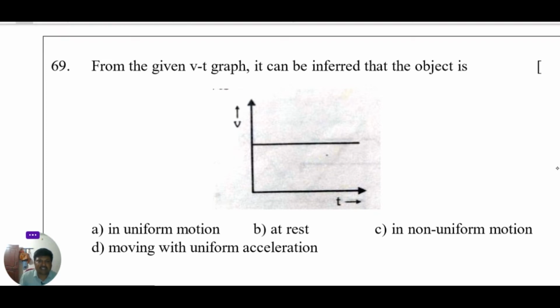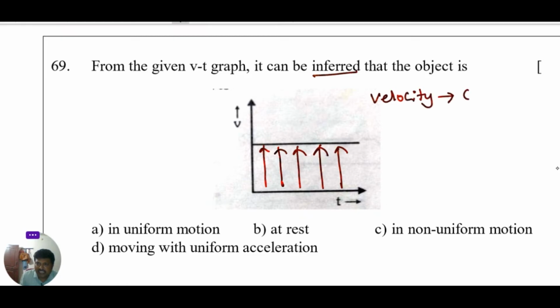From the velocity time graph, it can be inferred that the object is... Here in the velocity time graph, with respect to the time axis, velocity is not changing. If velocity is not changing, my dear children, velocity is constant. If velocity is constant, that type of motion is called uniform motion. So 69th, option A is the right answer.